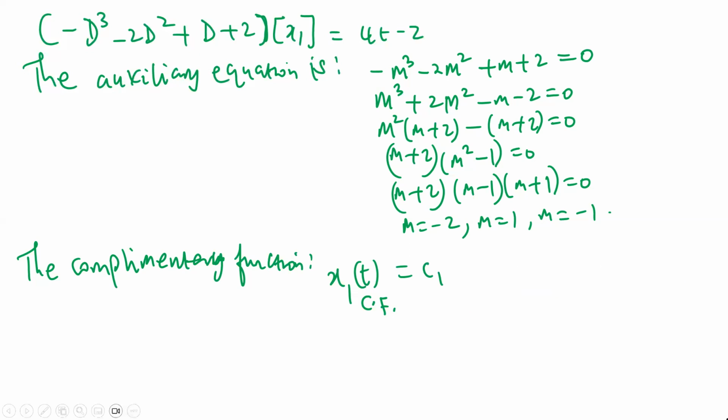The complementary function as it is given is C1 e to the minus 2t plus C2 e to the minus t, plus constant C3 e to the t.